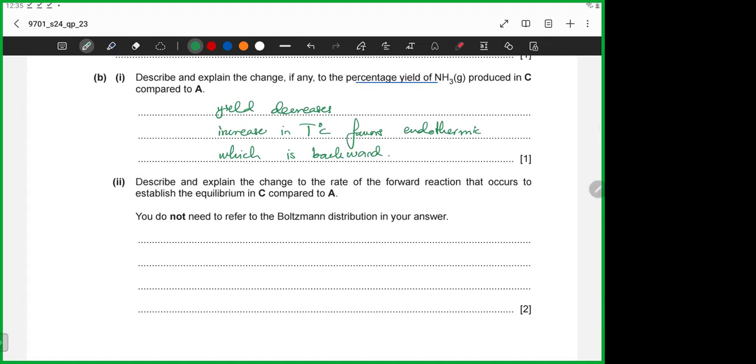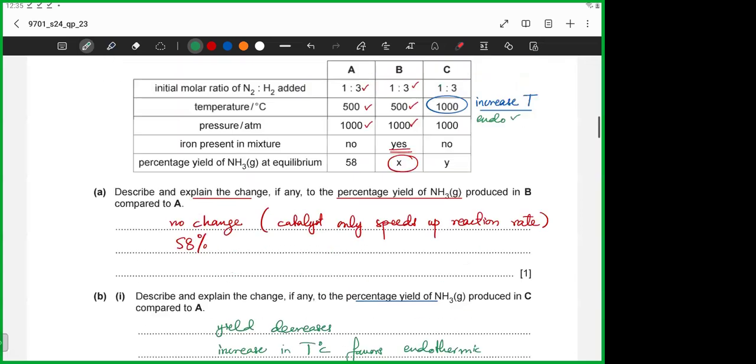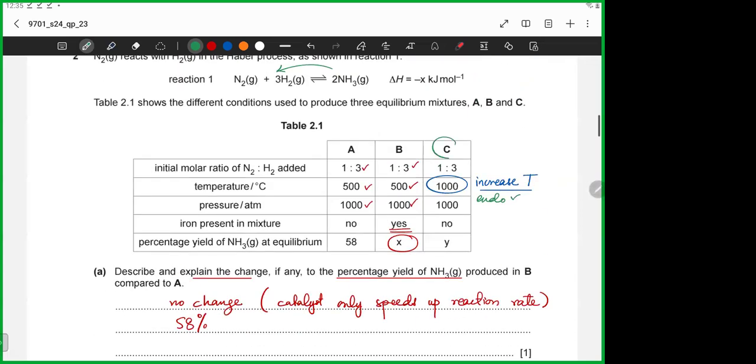Now he's talking about the rate of the forward reaction, compared to A. You don't need to refer to the Boltzmann distribution in your answer. C compared to A. Remember, the question is about rate.